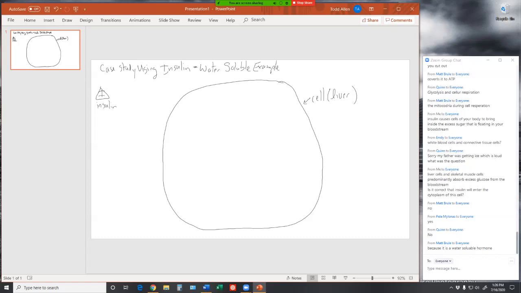So the question becomes, how in the world can the cell respond to something when the entity, in this case insulin, cannot enter the cell? And the key is thinking about the surface of the cell.